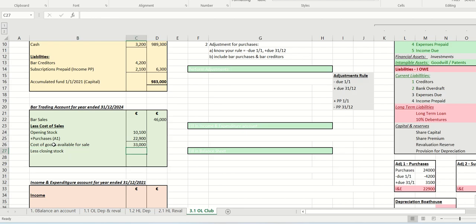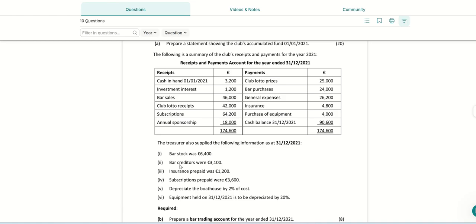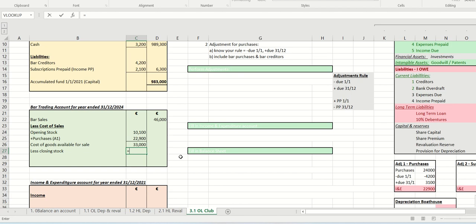So closing stock is always minus in a trading account. That's our stock at the end of the year. It's our closing stock, so it's going to be in the end of your section. 6,400. We haven't sold it. The reason we're minusing it is because we haven't sold it. It's still with us. And this is the cost of the goods that were sold that we're calculating here.